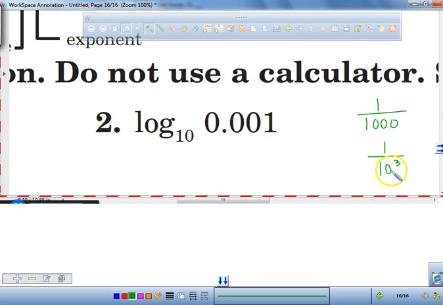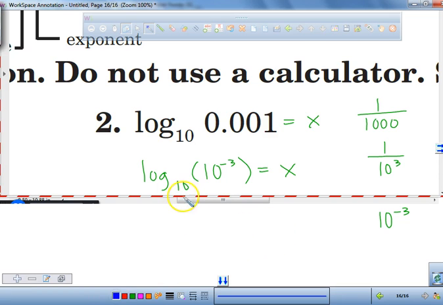I want you guys to understand that 10 to the negative third is 1 over 10 to the power of 3. So could you guys rewrite this as log base 10, and right now I'm going to put 10 to the negative 3 equals, just put equals x. So we're going to find out what, when we evaluate this, it is going to be equal to. That's right.